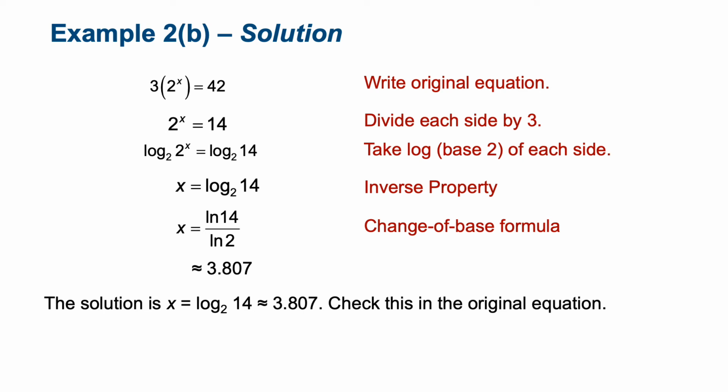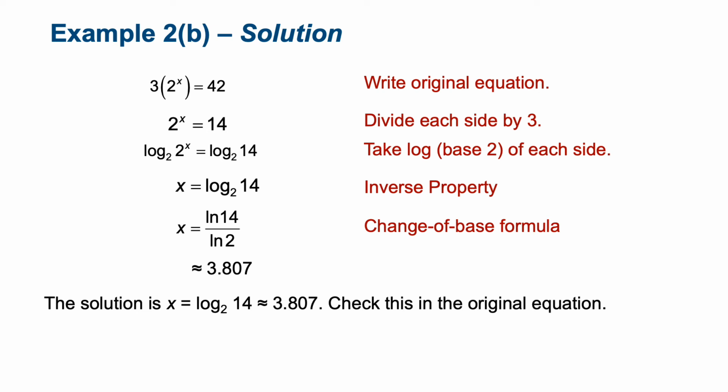Okay, so for part b, let's write the original equation, and then we need to get it to where you have one exponential on the side. So let's divide both sides by 3. That gives us 2 to the x is equal to 14. If we take the log base 2 of both sides, we get that x is equal to log base 2 of 14.